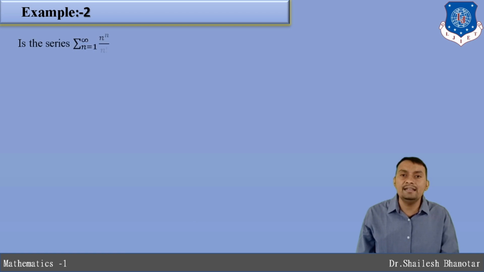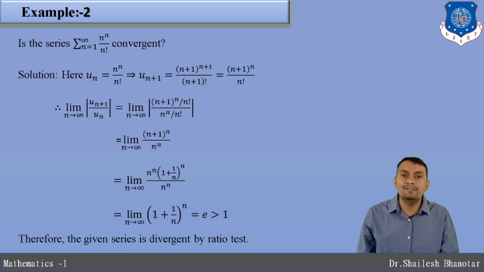convergent. Is the series n raised to n divided by n factorial convergent? So here un is there. From this I just replace n by n plus 1, so I get this one. When you simplify, this can be written as n plus 1 raised to n into n plus 1, and n factorial into n plus 1. But n factorial and n plus 1 cancel out, and you get this one.